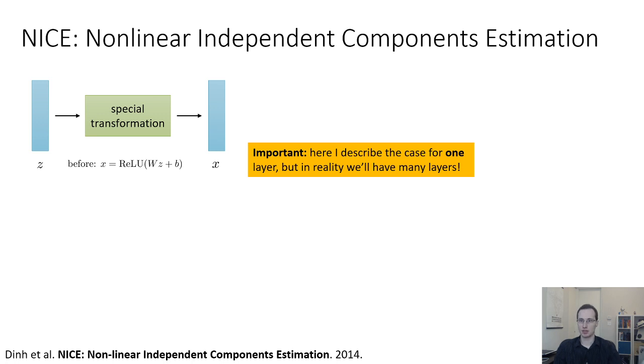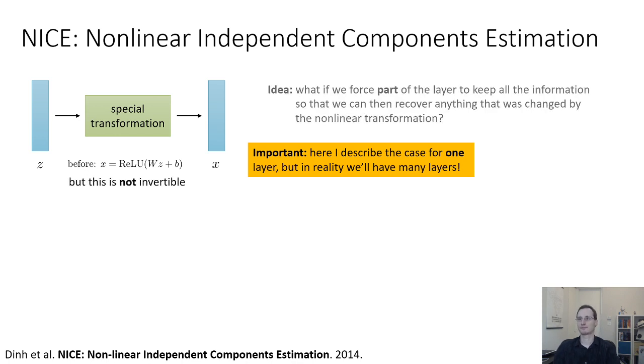That's a regular affine or linear layer followed by a ReLU nonlinearity. But we can't use this because this is not invertible, because the ReLU will zero out all the negative portions and we can't recover those. So you can go from z to x, but you can't go back from x to z. So this is not invertible.